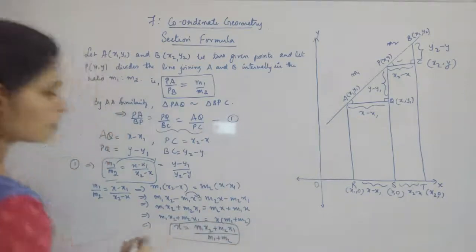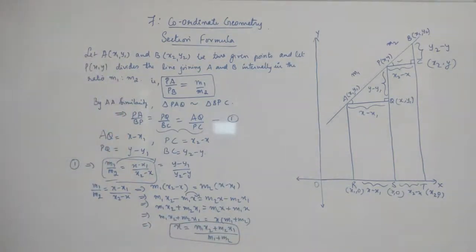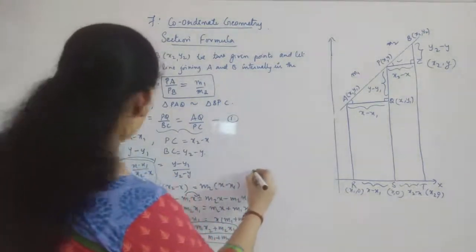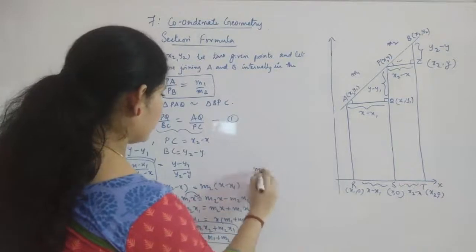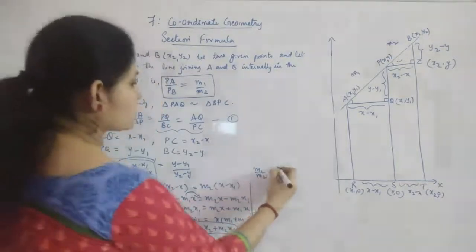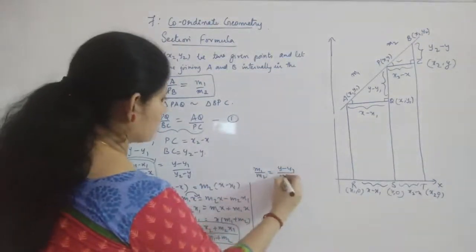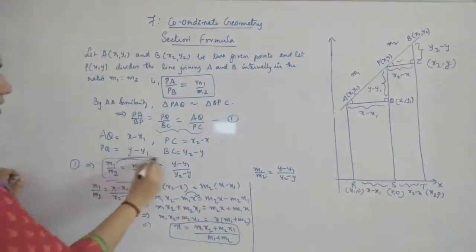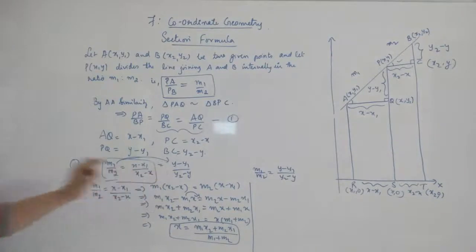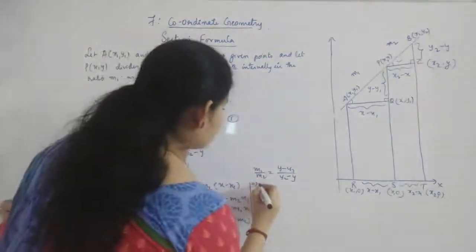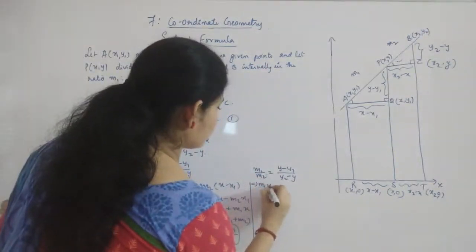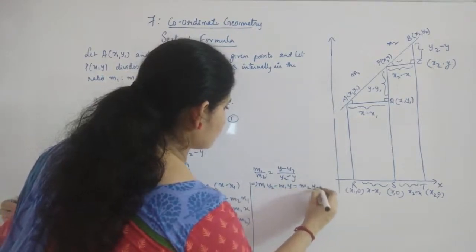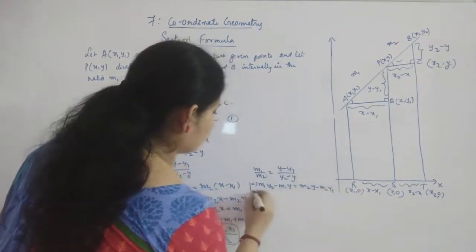This is your x coordinate. Now for the y coordinate, again we are starting with m1 by m2 is equal to y minus y1 by y2 minus y, that is comparing these two. After cross multiplication, you get m1 y2 minus m1 y is equal to m2 y minus m2 y1.